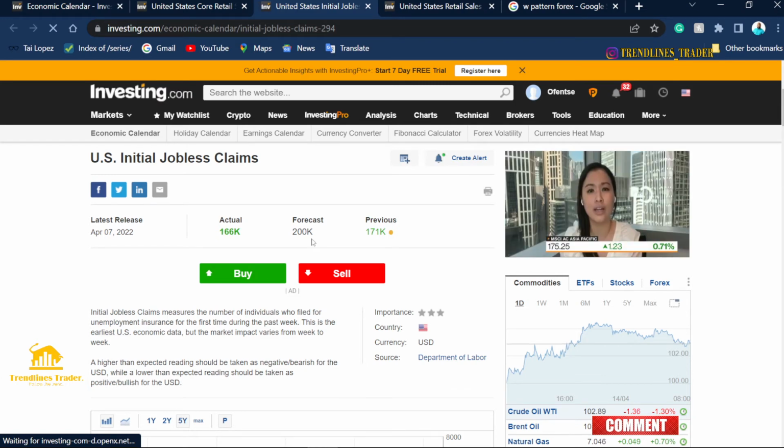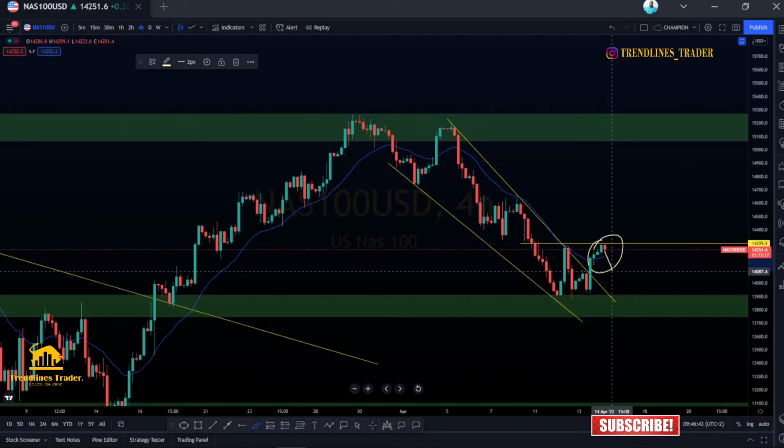One thing that I want you to understand when I'm talking about this USD, we are talking about the index. I think this is about to happen, that retest that I was talking about before we push towards the upside.